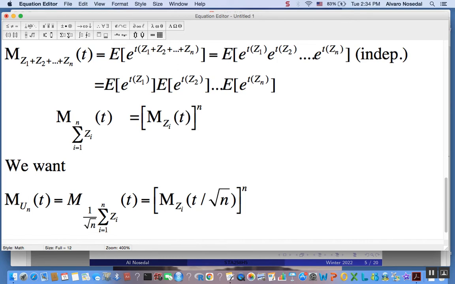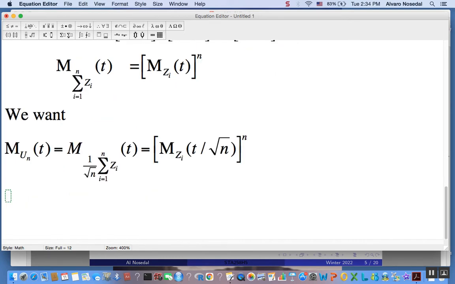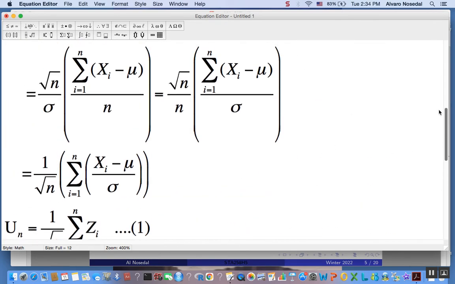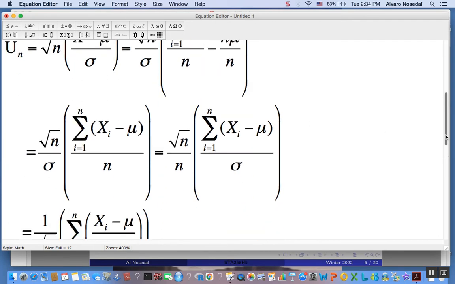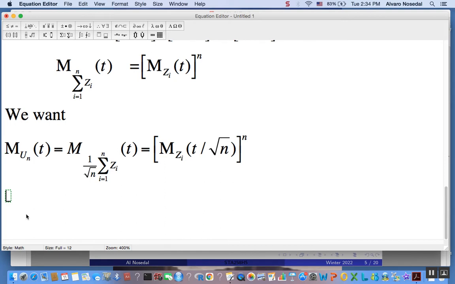Okay, now this is where the idea of re-expressing Un in terms of the Zi's, the random variables with mean 0 and variance 1, is going to be really, really useful. So recall that the mean of those random variables is 0, right?